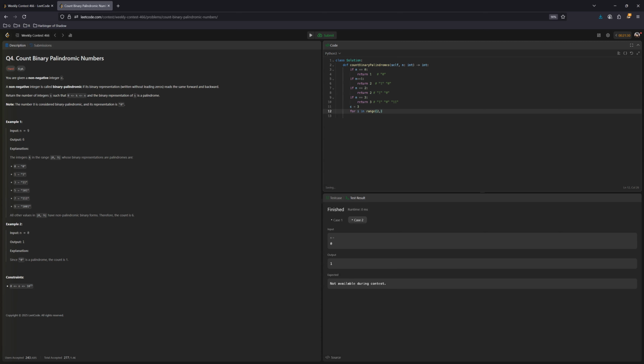Digit for I in range, I don't know, 2. 2 to the second power is 4, right? All right. Starting number equals 2 to the I plus 1.